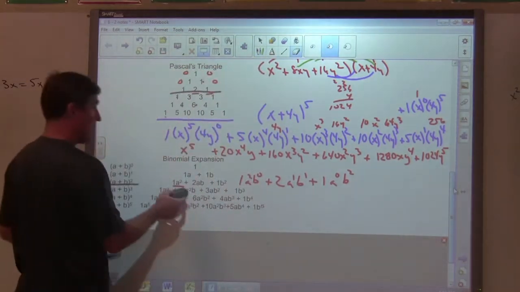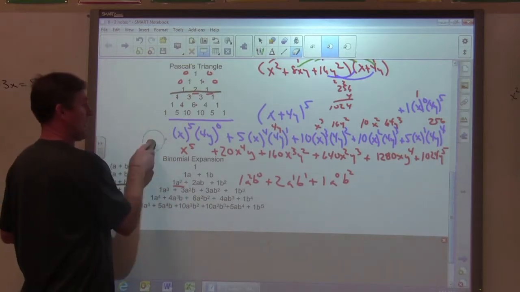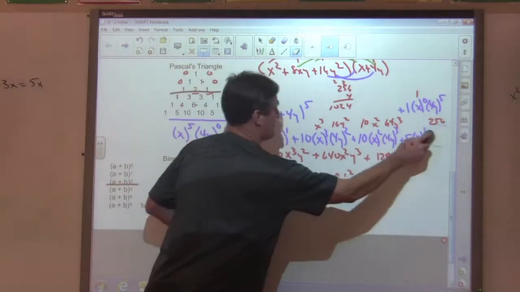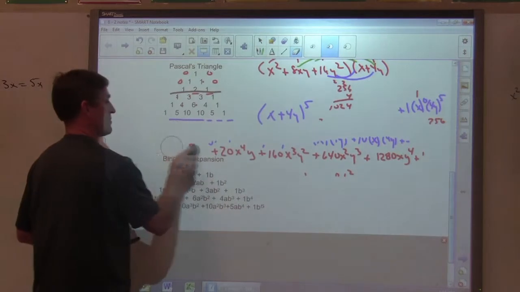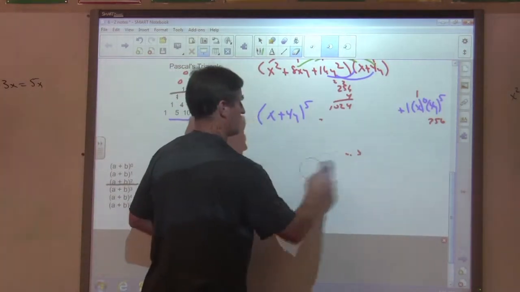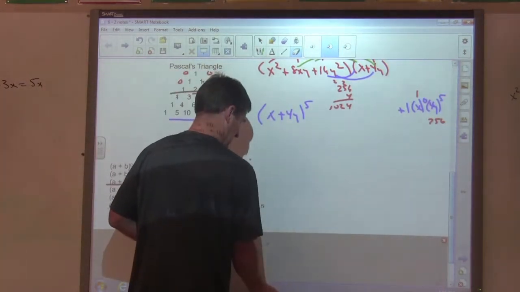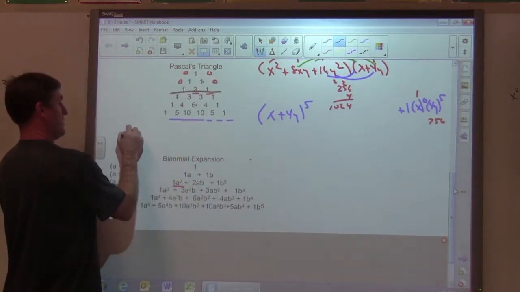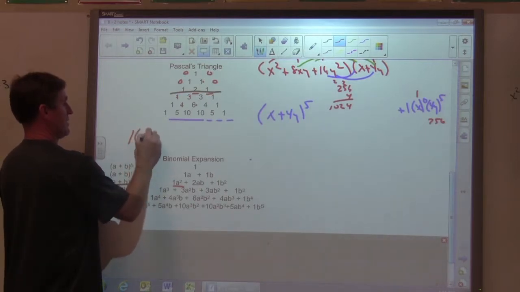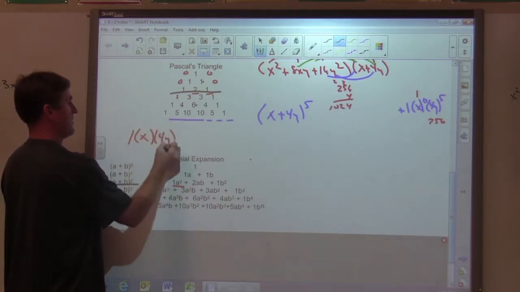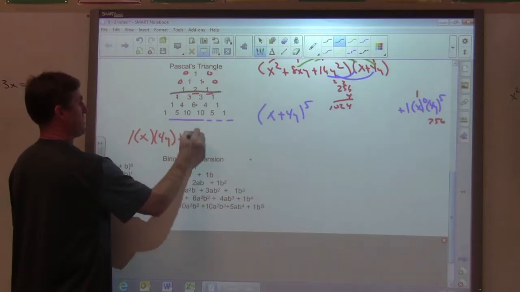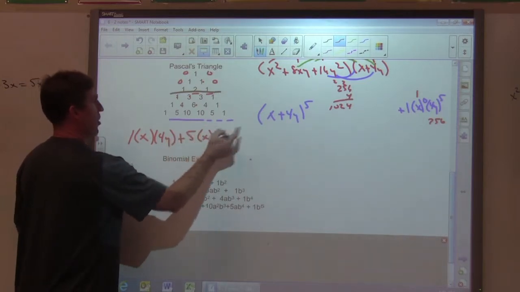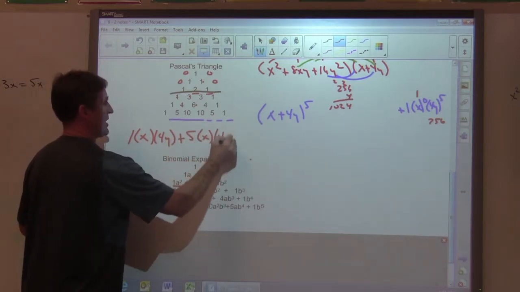Now, another way some people like to do this is to simply put the numbers down and then just write the terms. So I'm always writing the two terms together.